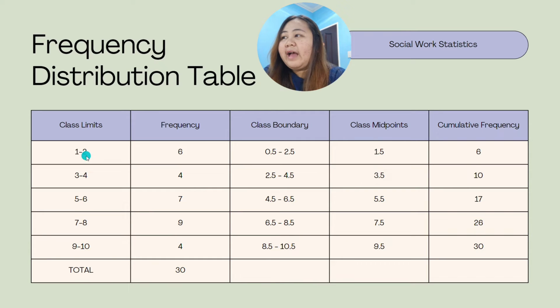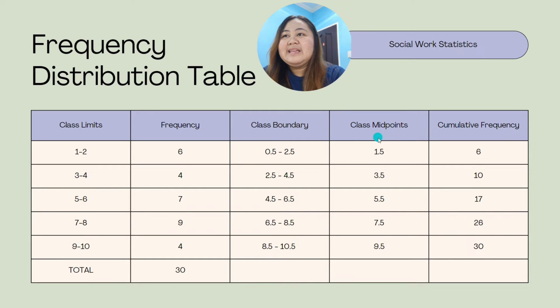And then your highest value of your class limits, which is 2, you're going to add 0.5. So 2 plus 0.5 is equal to 2.5. And you apply this formula to the rest of the data.